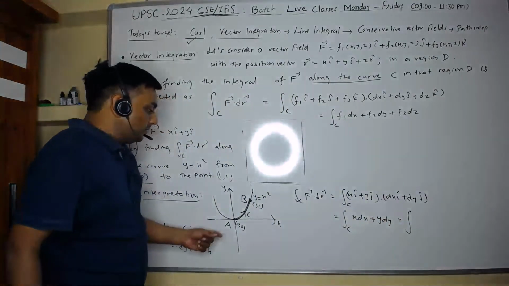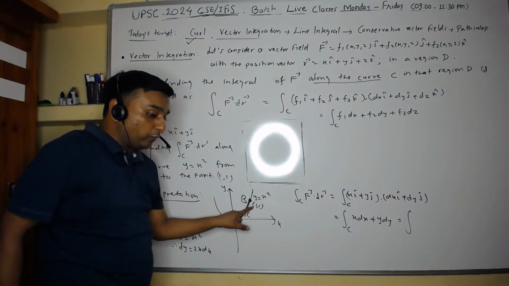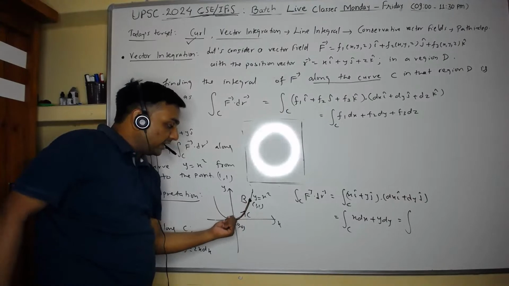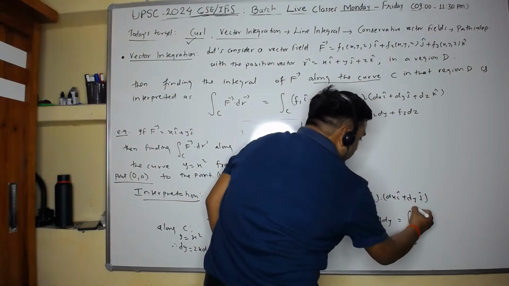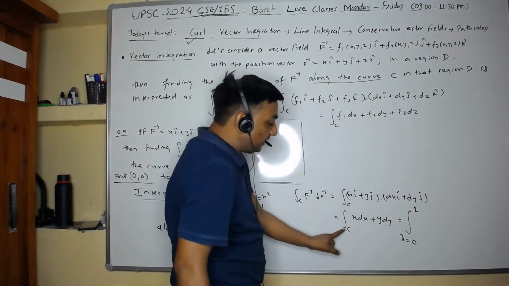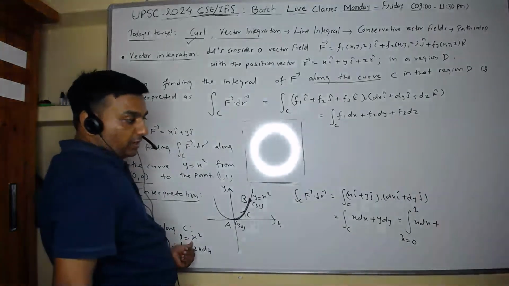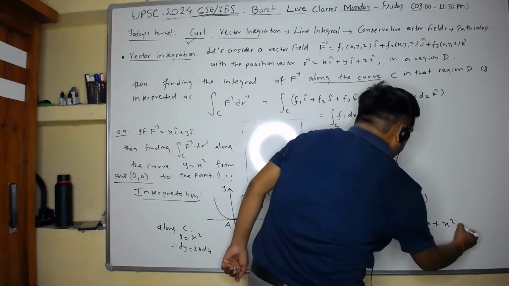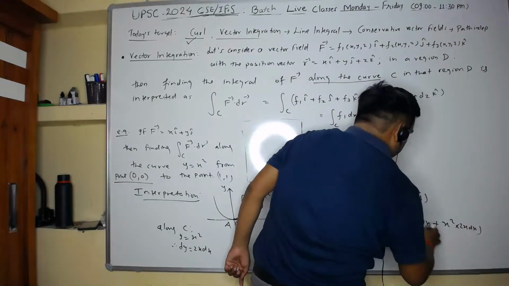Now observe, x is going from 0 to 1, and y is x squared. So with the limits x equals 0 to 1 along the curve C, y will be x squared and dy will be 2x dx.